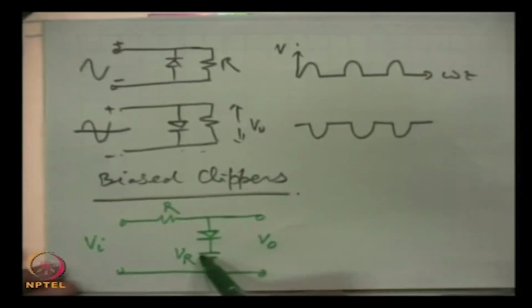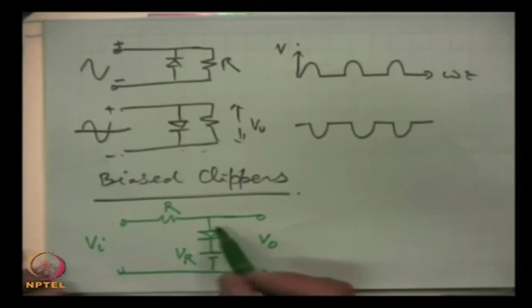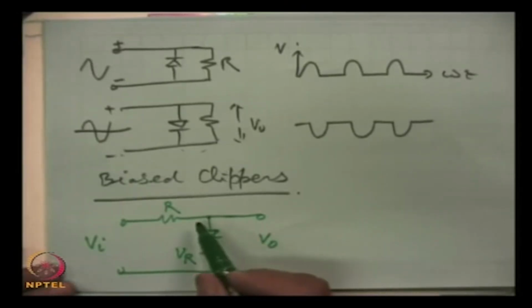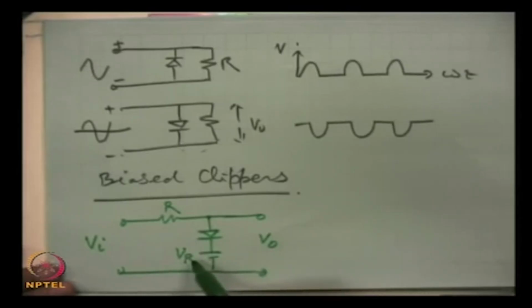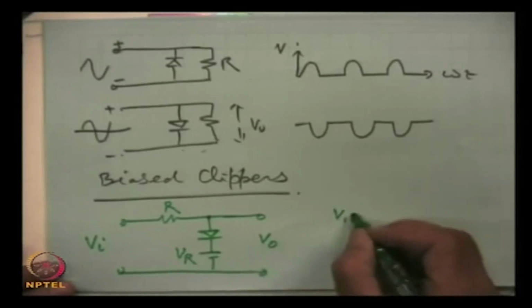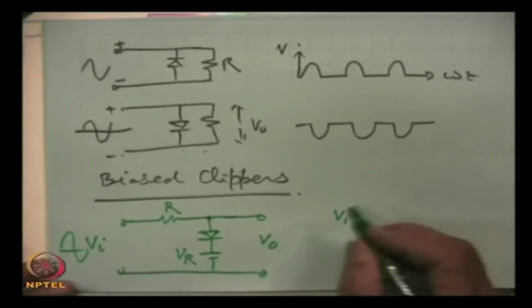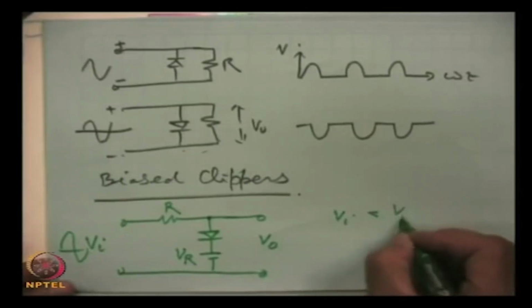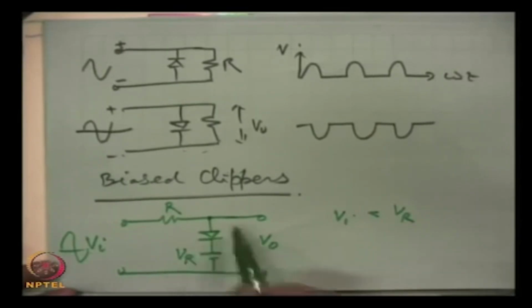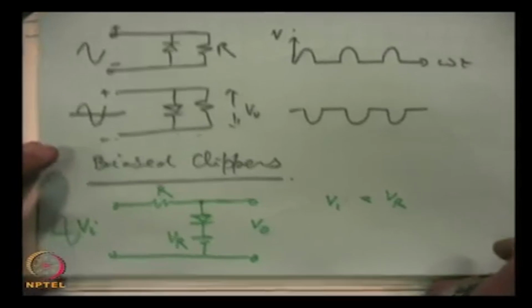Now, because of this reference voltage, this will not conduct unless the voltage here becomes in excess of VR. For all voltages less than VR, that means when Vi is varying, when Vi is less than VR, then this will be reverse biased, and we can draw the equivalent circuit and analyze it.